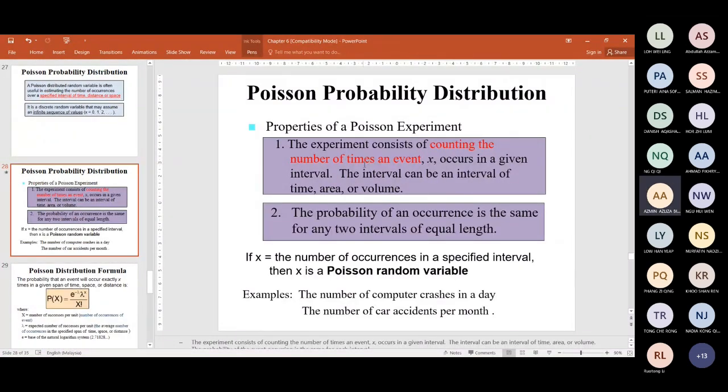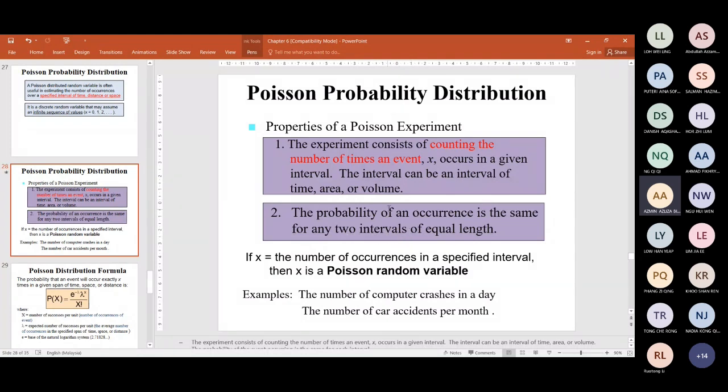The properties: first one, the experiment consists of counting the number of times an event X occurs in a given interval. The interval can be an interval of time, area, or volume. So basically, it's about counting the number of times an event occurs. The probability of occurrence is the same for any two intervals of equal length.